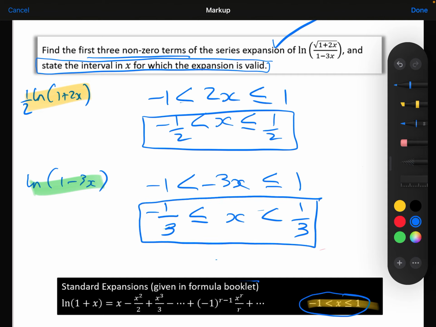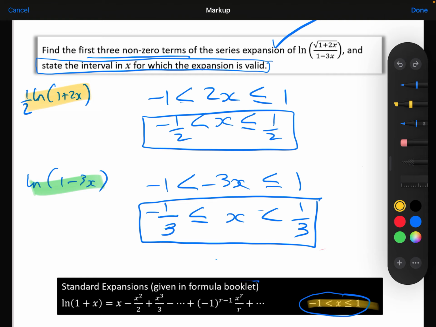So dividing through by minus 3 flipped that there. So the second expansion is only valid when x is between minus 1/3 and 1/3.